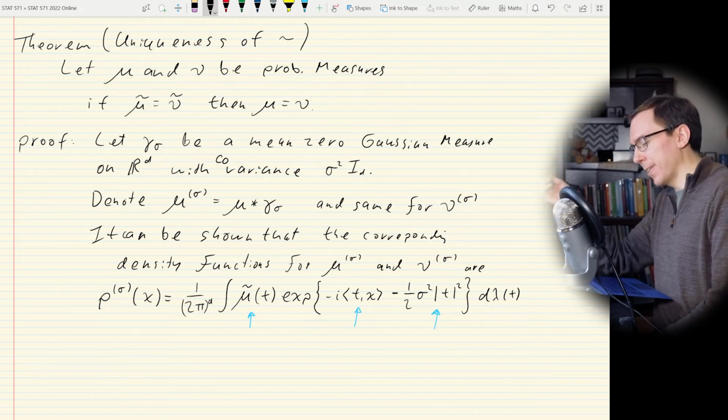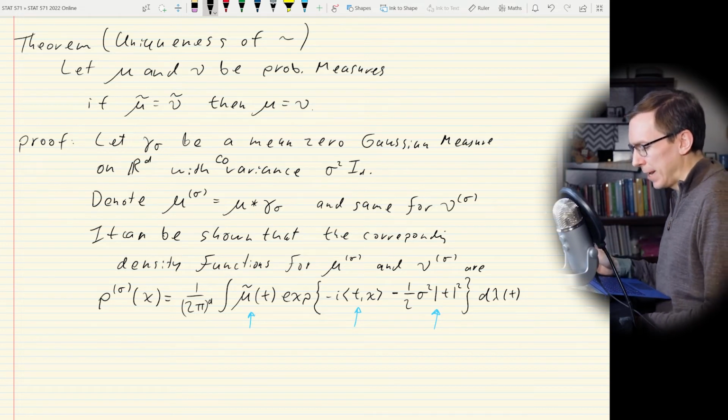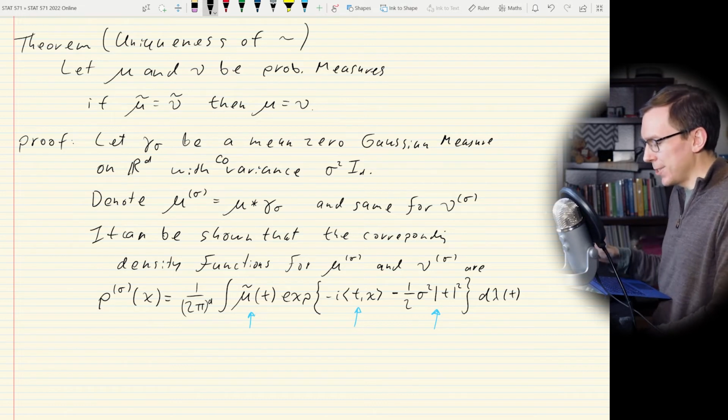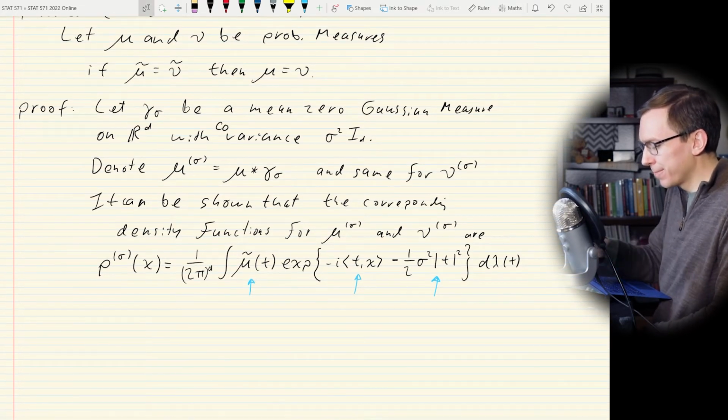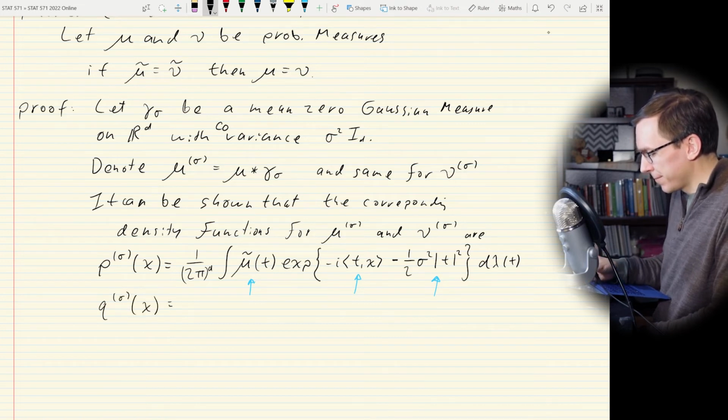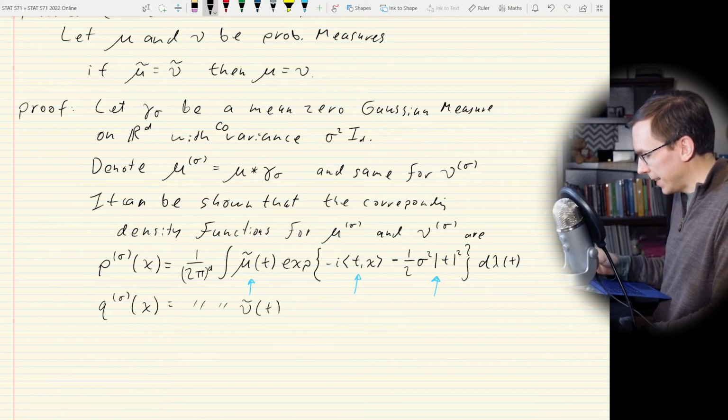I'm multiplying two characteristic functions together, and I'm using the e to the minus i inner product tx to do this inverse transformation. We get the exact same thing in the q case, except we get a new tilde t, and then everything else is exactly the same here.